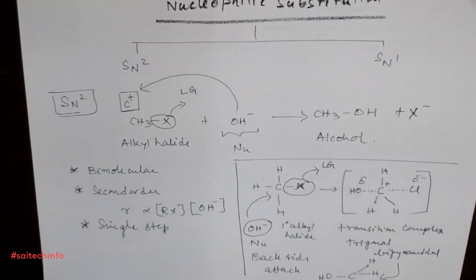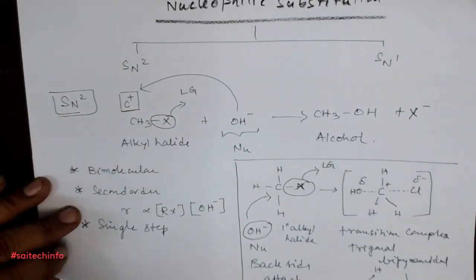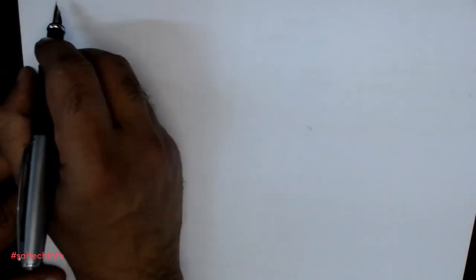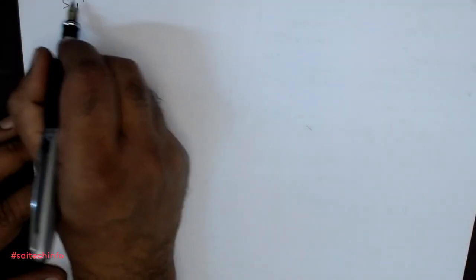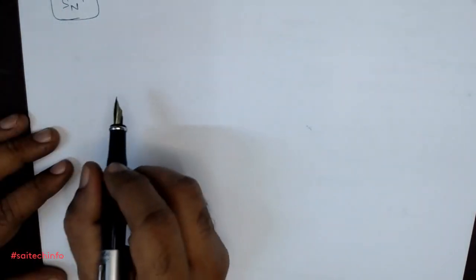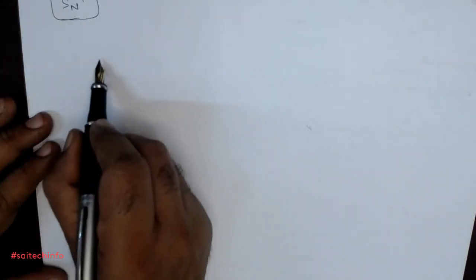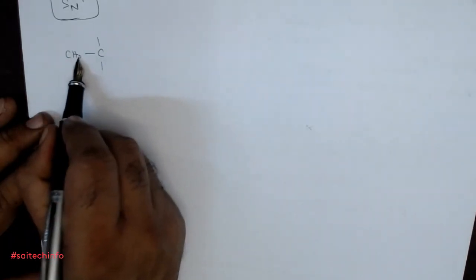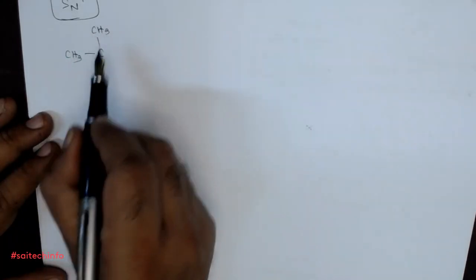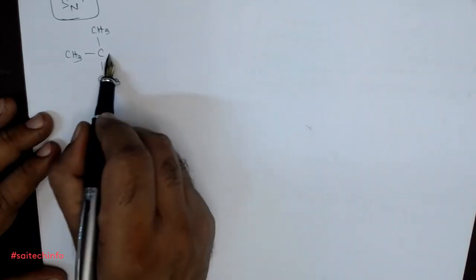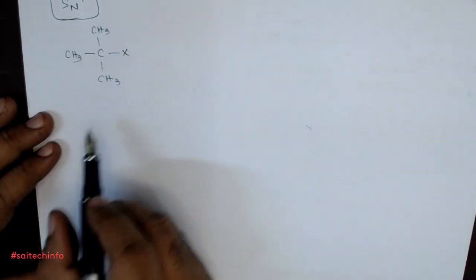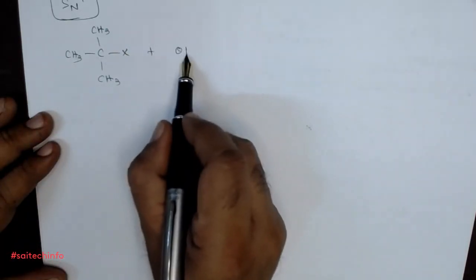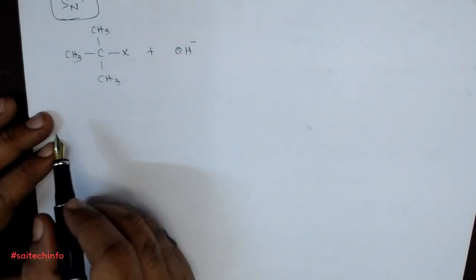Now let us talk about the SN1 mechanism. So let us consider tertiary alkyl halide C, CH3, CH3, CH3, X, that reacts with hydroxyl ion OH minus.